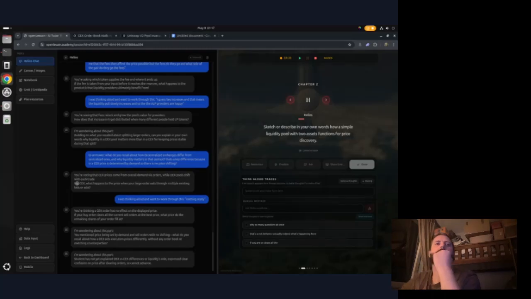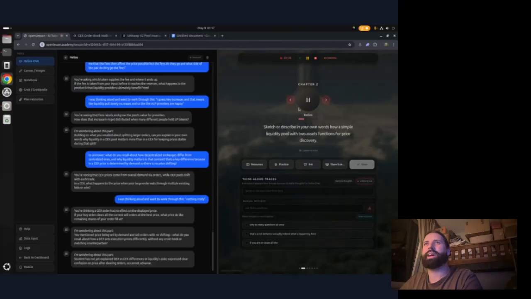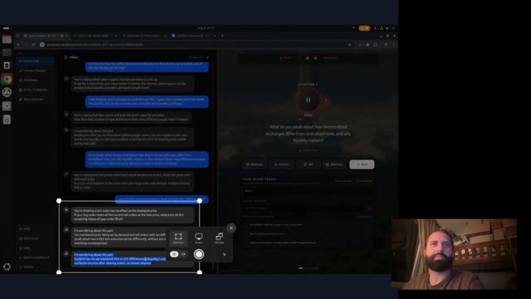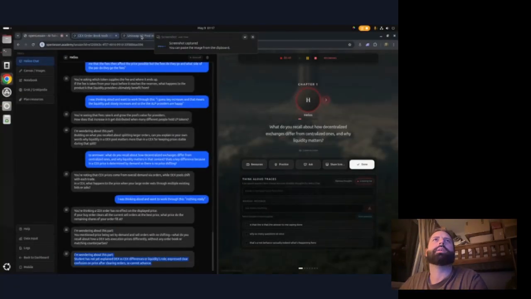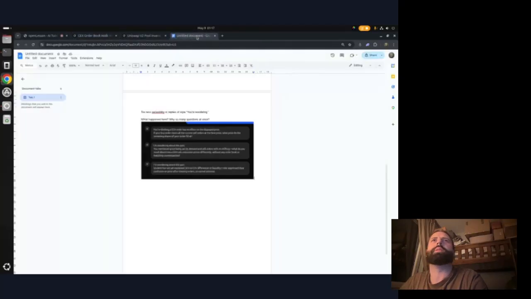The tutor still has not explained liquidity's role, and expressed clear confusion on price after clearing orders, so I cannot advance. Oh, is that the answer to me saying done? Okay. I expected this to appear as a pop-up, I think. Let me see.